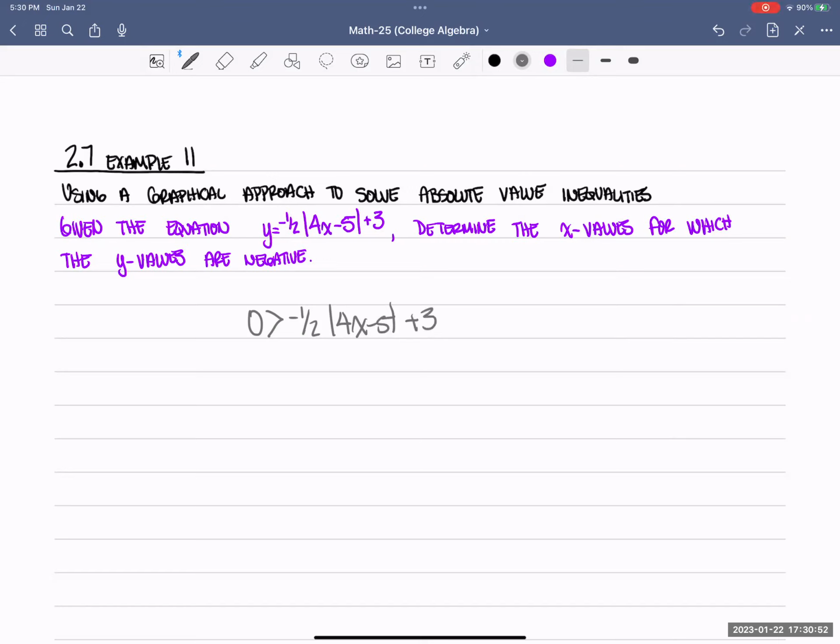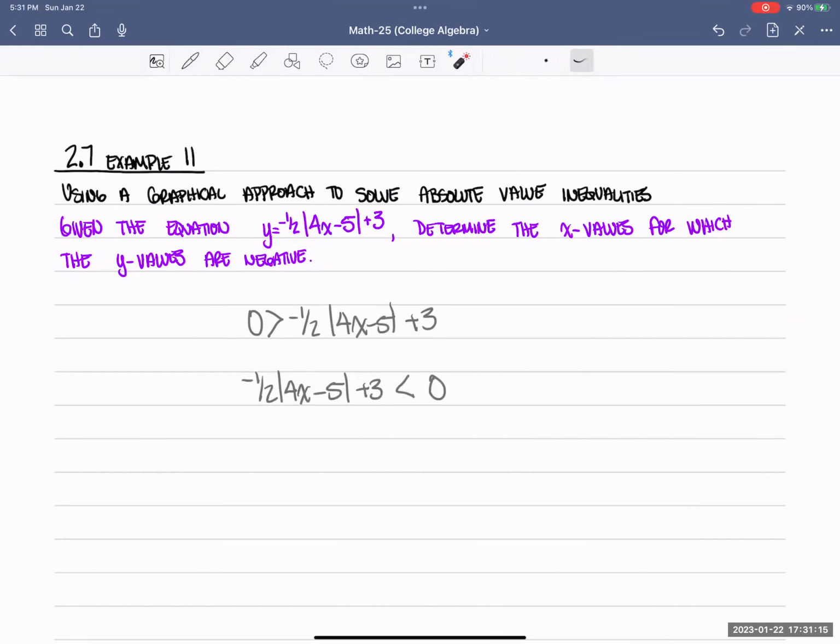I personally don't like working with our variable on the right side, so we're going to switch the signs and switch the sides of everything. So we have negative 1 over 2, absolute value of 4x minus 5, plus 3 is now less than or equal to 0.